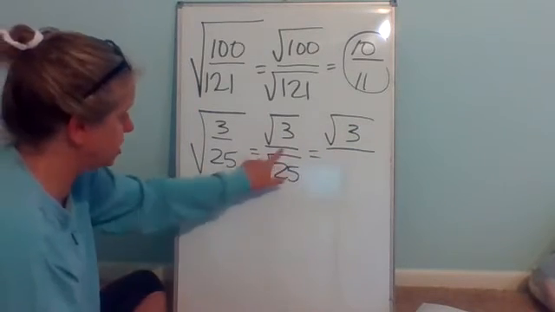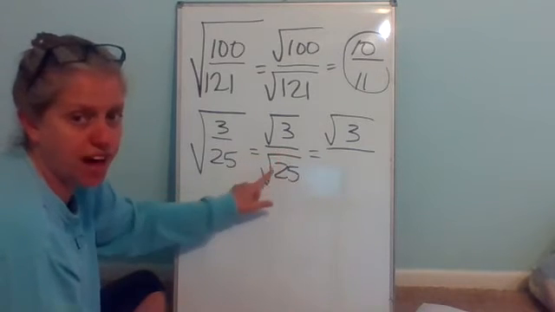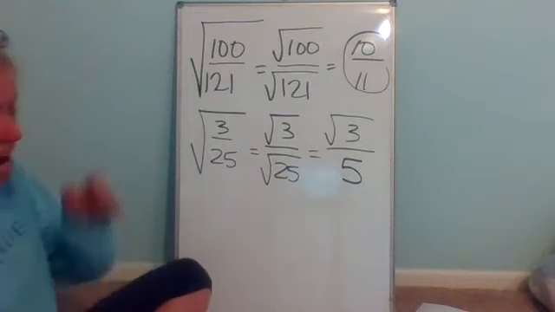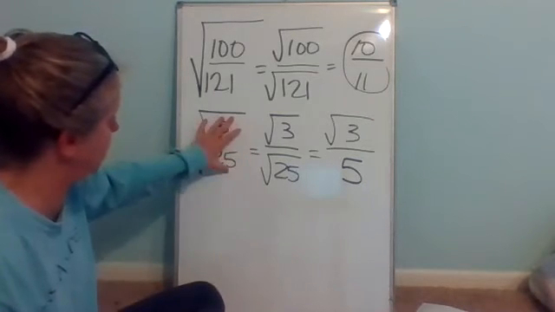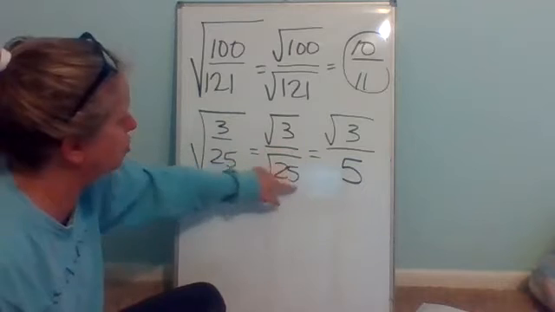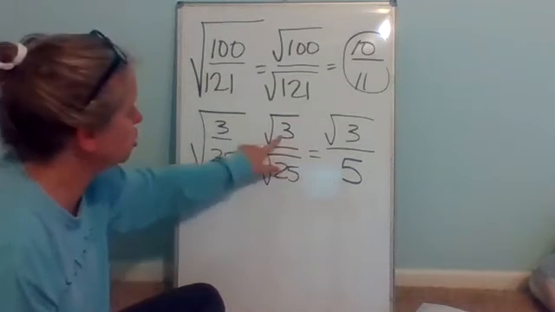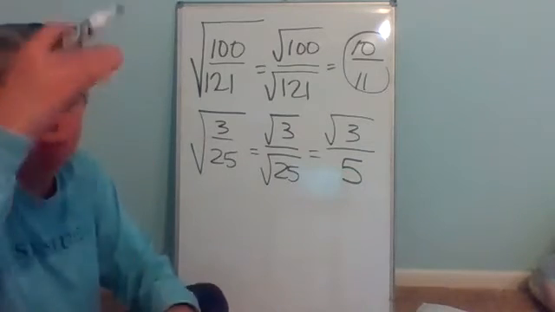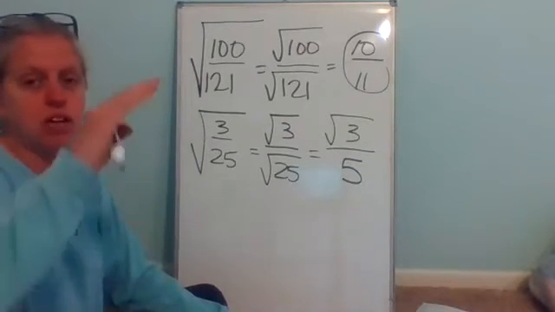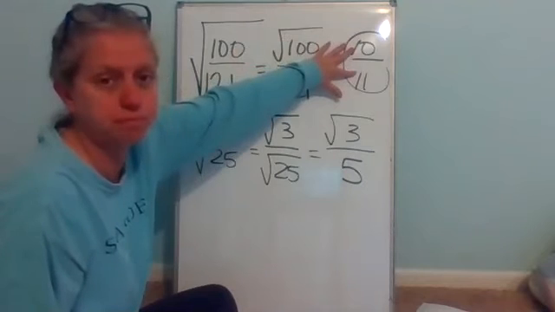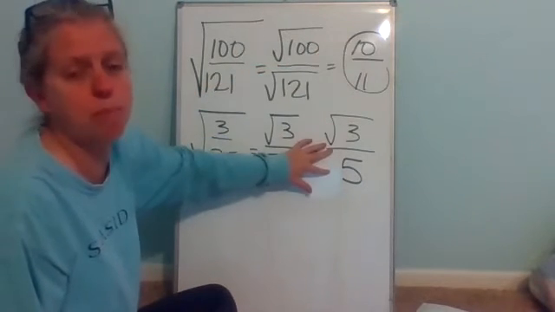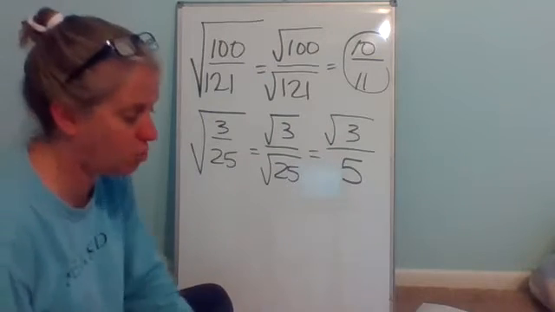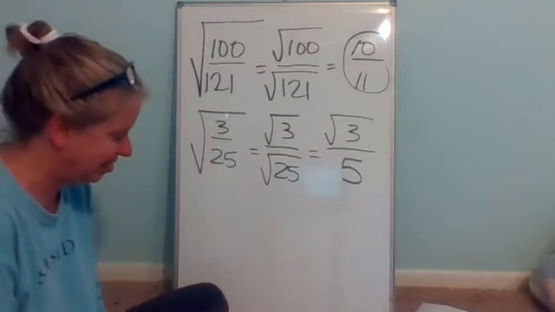The only one that is the perfect square is this 25, right? The square root of 25 does turn to plain 5. So once I separated them, I noticed that I could take the square root of the bottom, so I did that. I just couldn't do anything with the top, so I just brought it over. So that's why you want to separate them, because sometimes you'll be able to do both of them, but sometimes you won't. You'll just be able to do one of them. So you want to separate them so you can simplify the ones that do simplify for you.